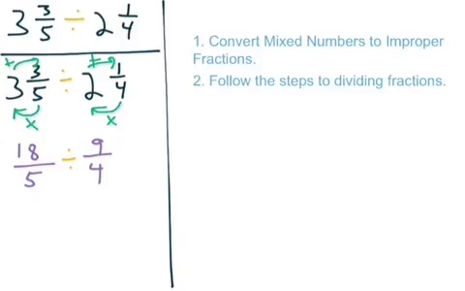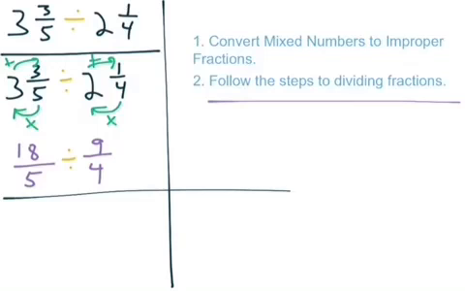So when we go to solve right over here, we should get our division. We need to now follow our steps for dividing fractions. So when we do that part, we have 18/5 divided by 9/4.